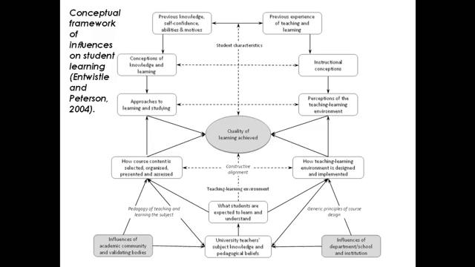Another kind of framework is the Entwistle and Peterson framework, which talks about influences on student learning. And this has a wide variety of influences on the quality of learning achieved, approaches to learning and studying, perceptions of the teaching and learning environment, what's going on with university teachers' subject knowledge and pedagogical beliefs, influences of the academic community and validating bodies.